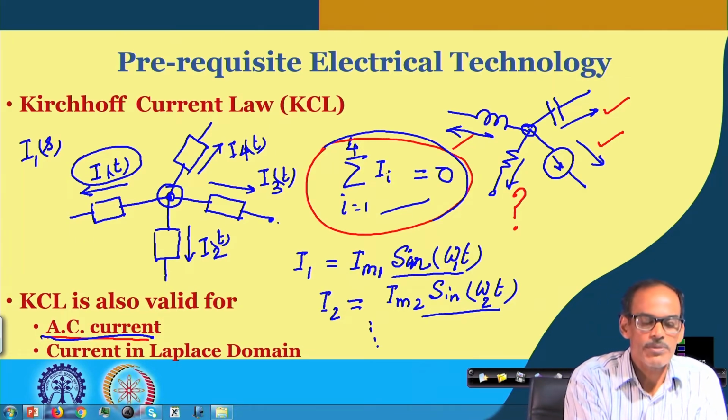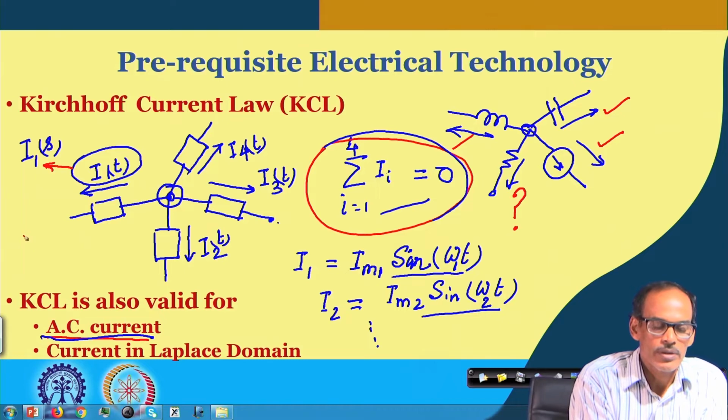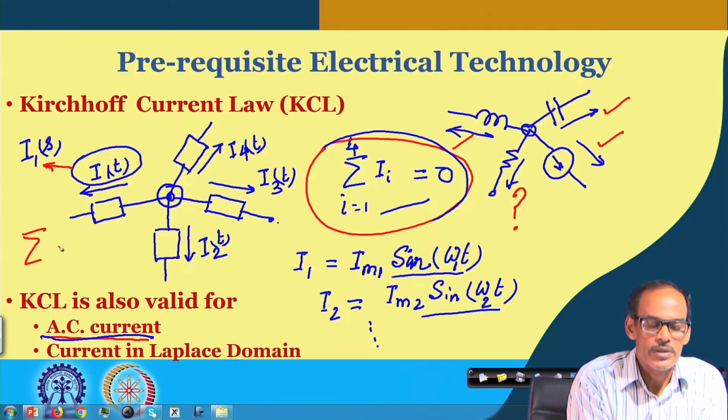Once you represent each individual current from the time domain in the Laplace domain, you can add all of these currents together, and then the summation is equal to 0.